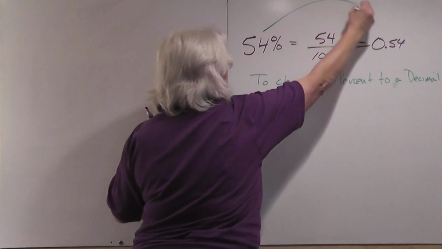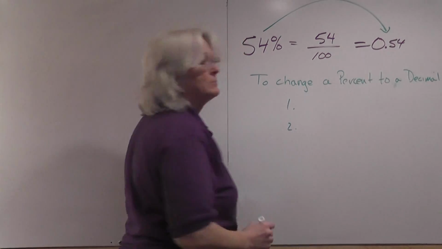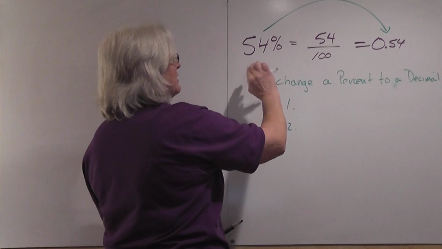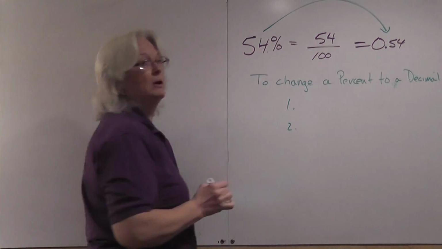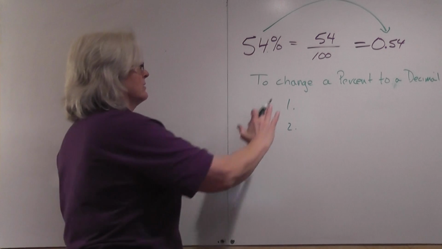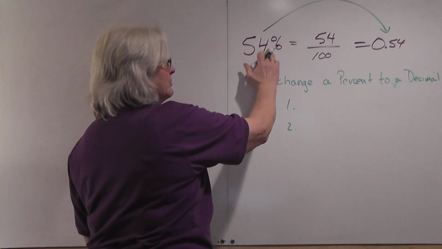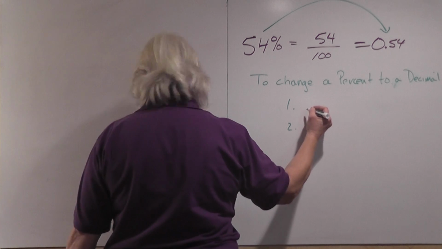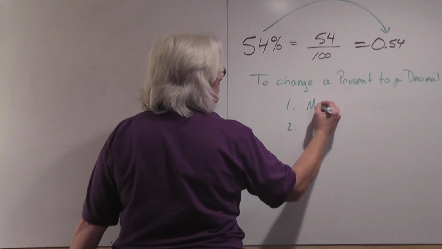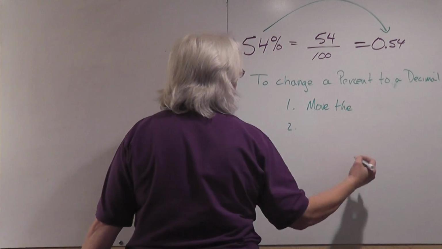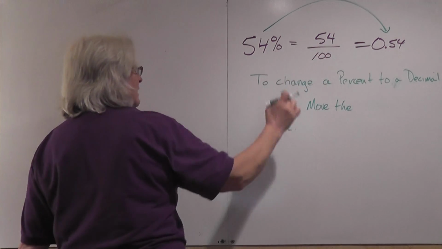Writing from a percent to a decimal, we did something with the decimal point. The decimal point right here would have initially been directly after the 54. You just don't see it because it's a whole number. And what did we do with that decimal point? We moved it 2 units to the left, or 2 places to the left.